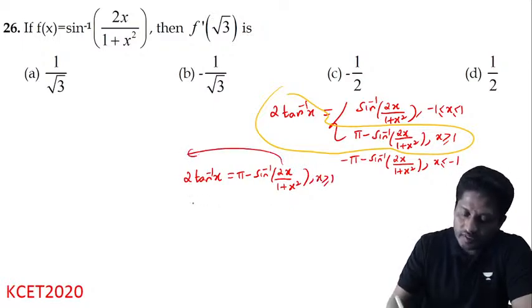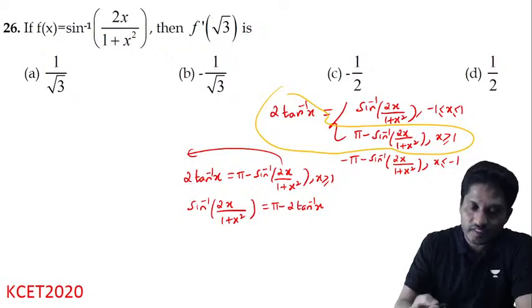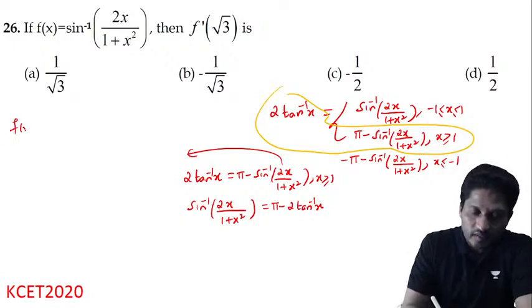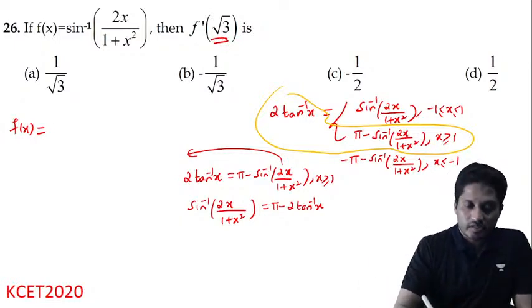To shift on the left side, sine inverse of 2x divided by 1 plus x square is equal to pi minus 2 tan inverse of x. Okay, now differentiation changes based on the domain. f of x is equal to, I am supposed to find f dash of root 3. Root 3 is obviously more than 1. So this is pi minus 2 tan inverse of x.